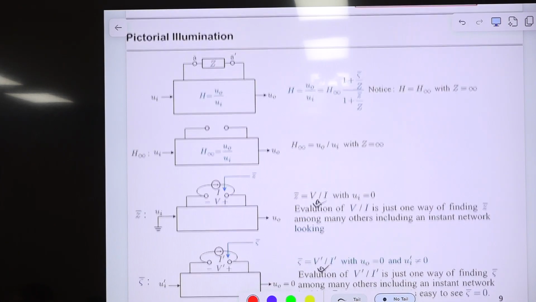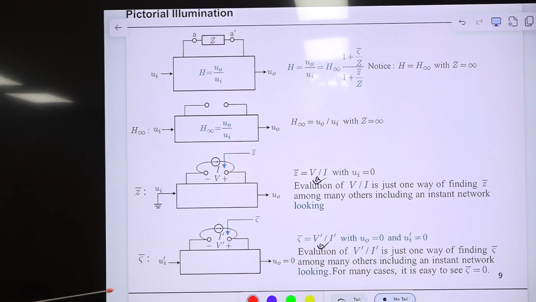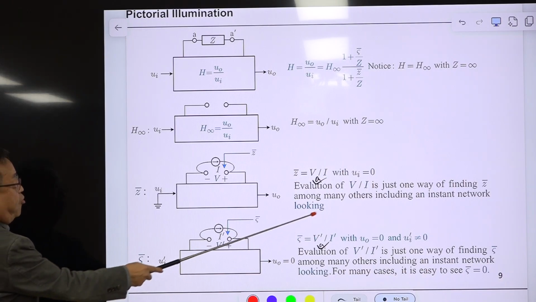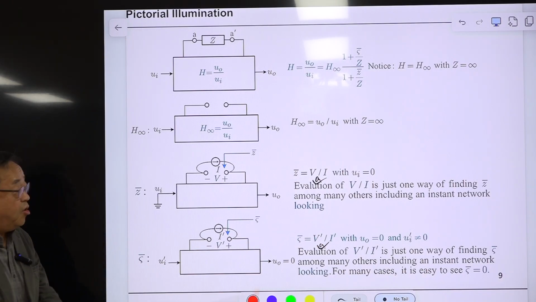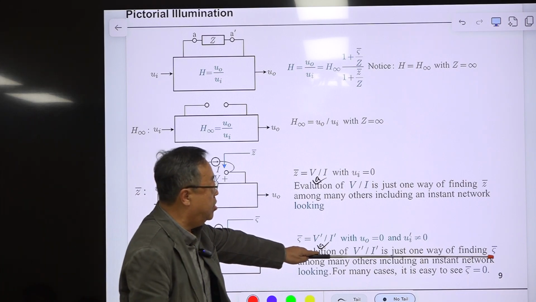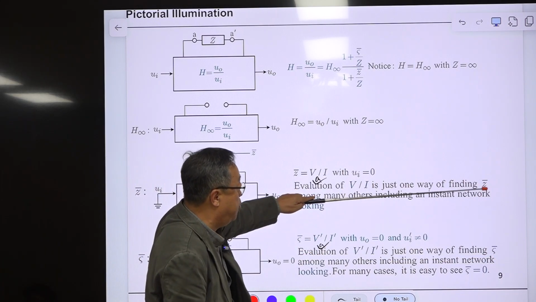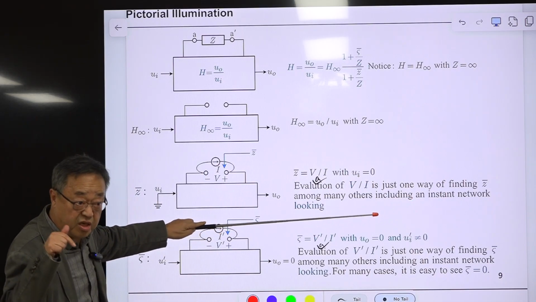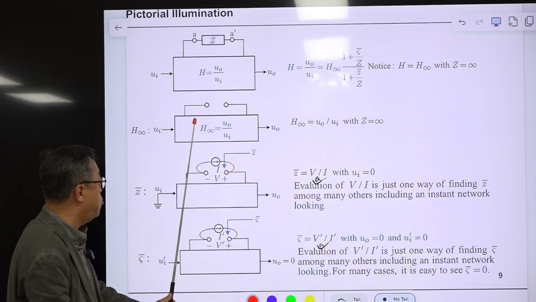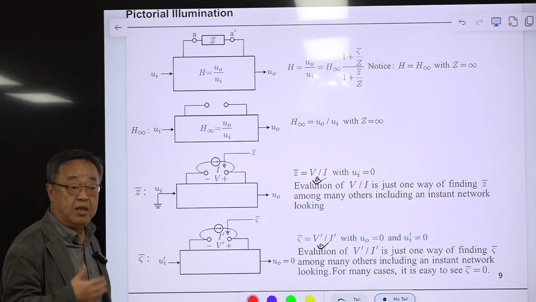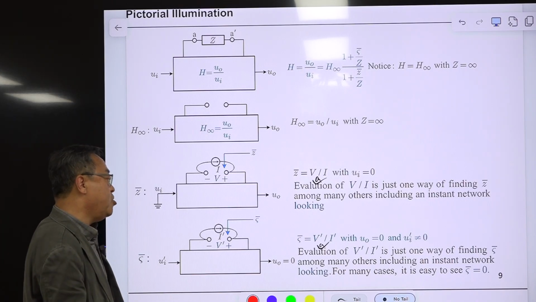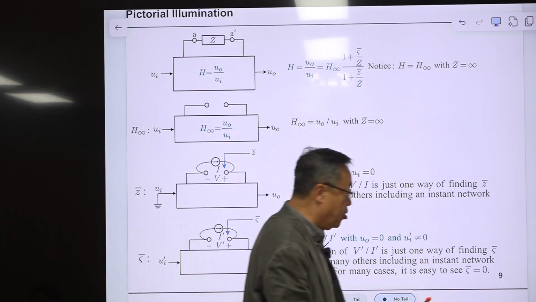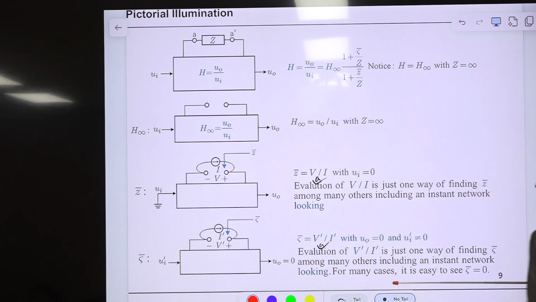Actually, evaluating this ratio of V prime divided by I prime is just one way of finding this null driving point impedance or driving point impedance. A better way, which I recommend, is just looking into the circuit through this opening. And in many cases, for the converter, this null driving point impedance is 0.